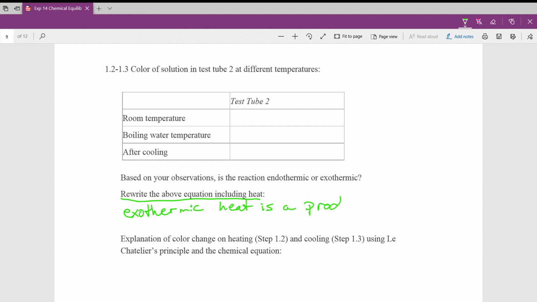And you just literally write the word heat as a product. If the reaction is endothermic, meaning it absorbs heat, heat is a reactant. Okay, that should do it for this lab.